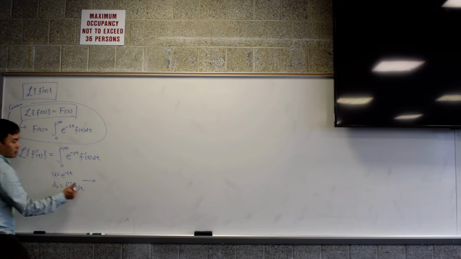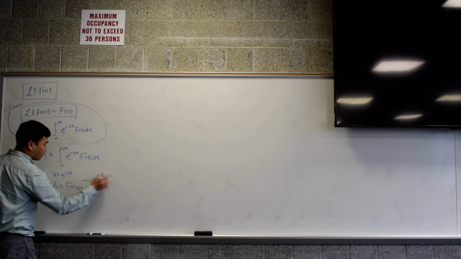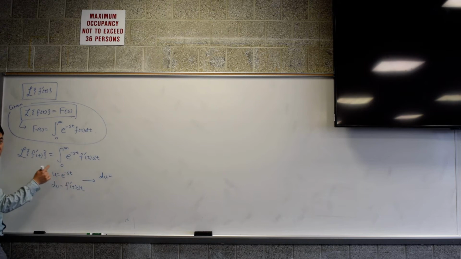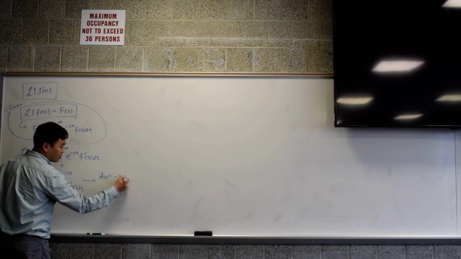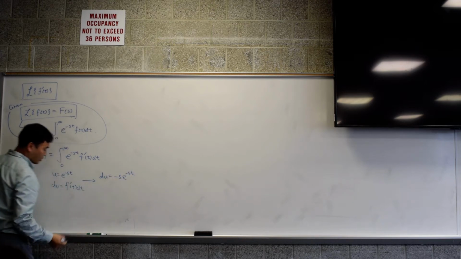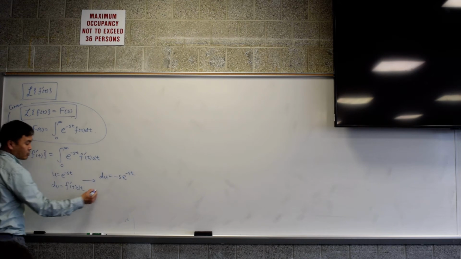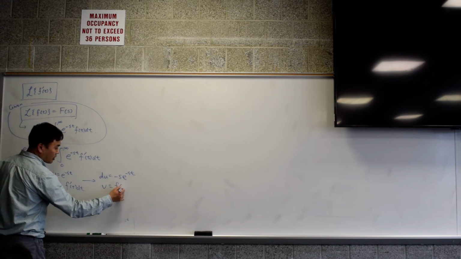Now, what do you get if you differentiate e to the negative st? Negative s comes in front. So we get du equals negative s e to the negative st, and if you integrate dv, you get v equals f of t.